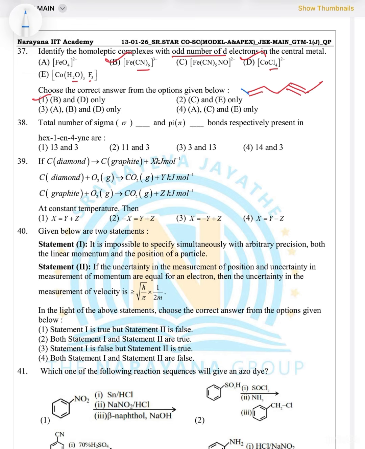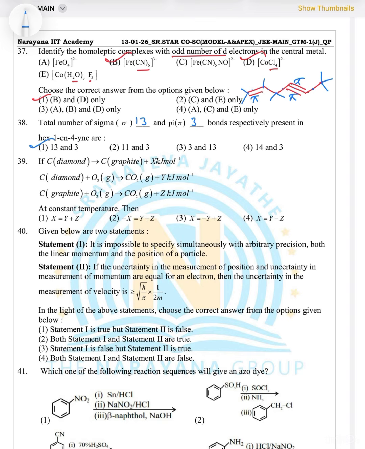Here CH2, 1, 2, here 1, here 2 hydrogens, and here 3 hydrogens. So 1, 2, 3, 4, 5, 6, 7, 8 bonds, 8 plus 9, 10, 11, 12, 13 sigma bonds are present. Pi bonds: in a double bond 1 is a pi bond, in a triple bond 2 pi bonds are present. So 13 and 3. First option is correct.